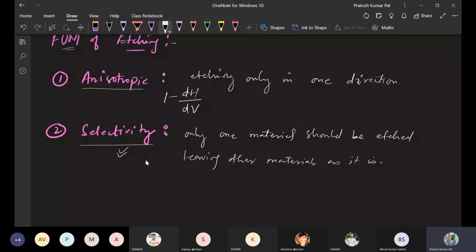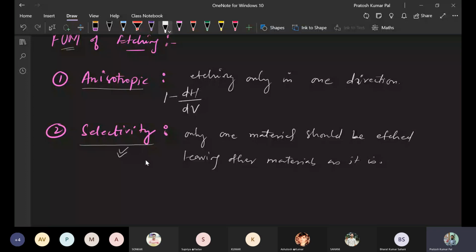Okay. So these two are the figures of merit of an etching process. The figure of merit in case of wet etching is that its anisotropic nature is very low, but it has high selectivity in case of chemical or wet type of etching.